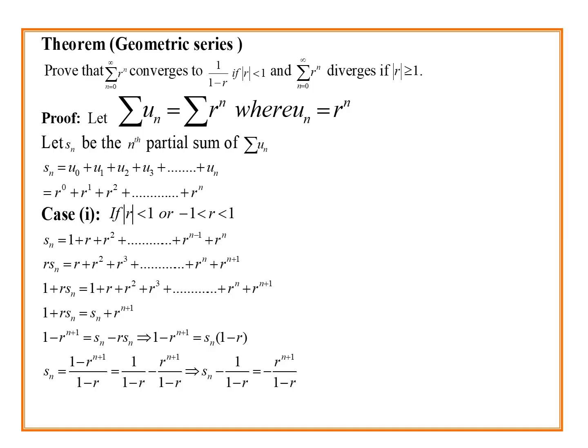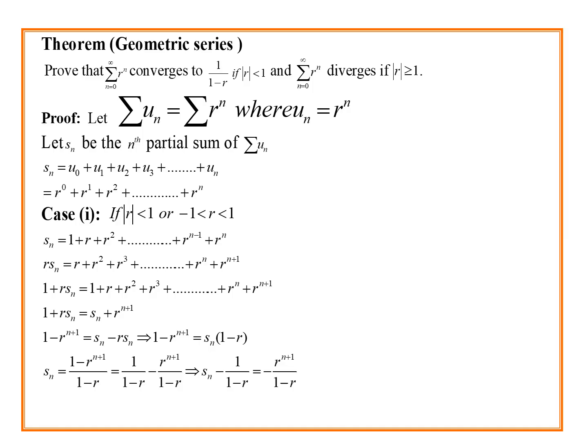Next, r power of n plus 1 we can send to the left side. 1 minus r power of n plus 1 is equal to Sn minus r into Sn. That implies 1 minus r power of n plus 1 is equal to, taking Sn common, Sn into 1 minus r. So based on that we find Sn. Sn is equal to 1 minus r power of n plus 1 by 1 minus r.